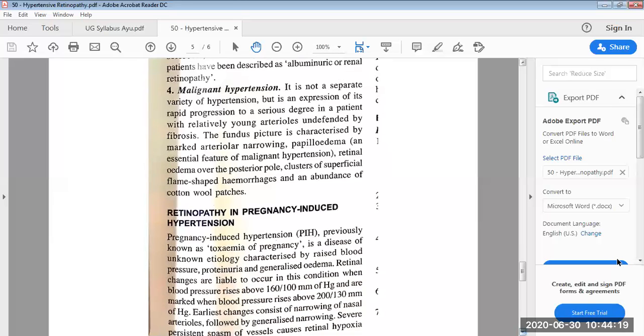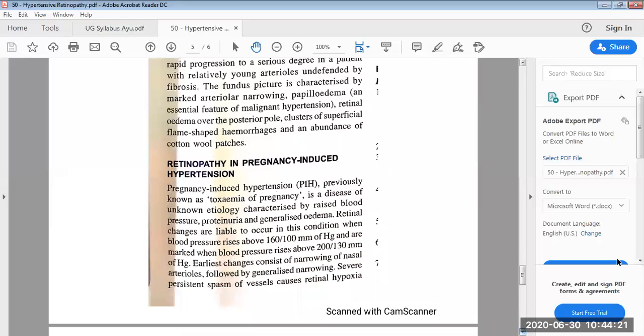The next is the retinopathy in pregnancy induced hypertension. Pregnancy induced hypertension, which is called PIH, previously known as the toxemia of pregnancy, is a disease of unknown etiology characterized by raised blood pressure, proteinuria, and generalized edema.